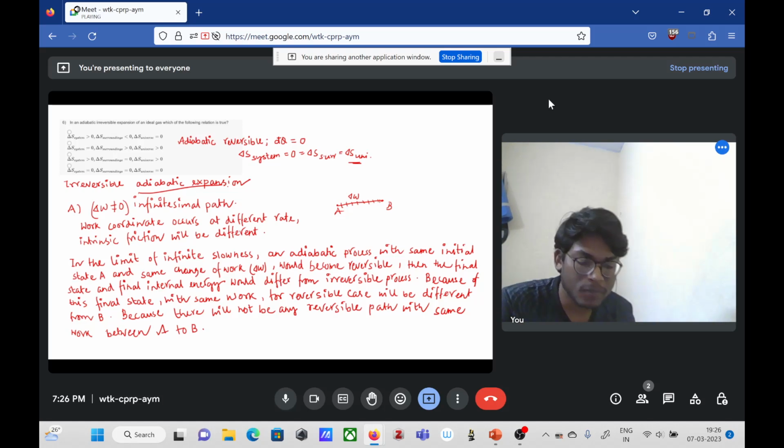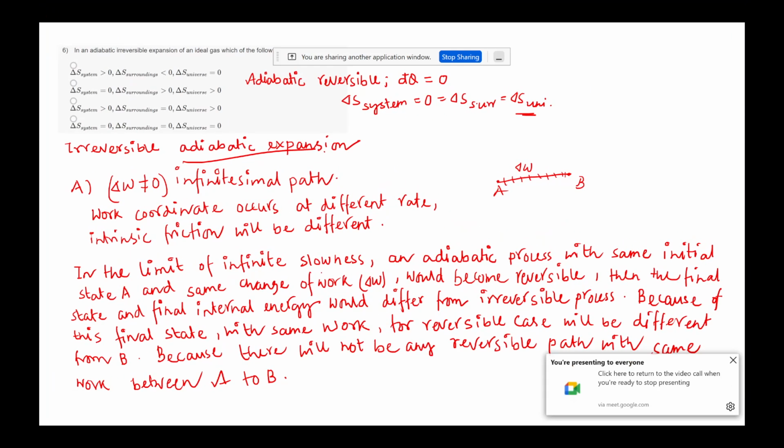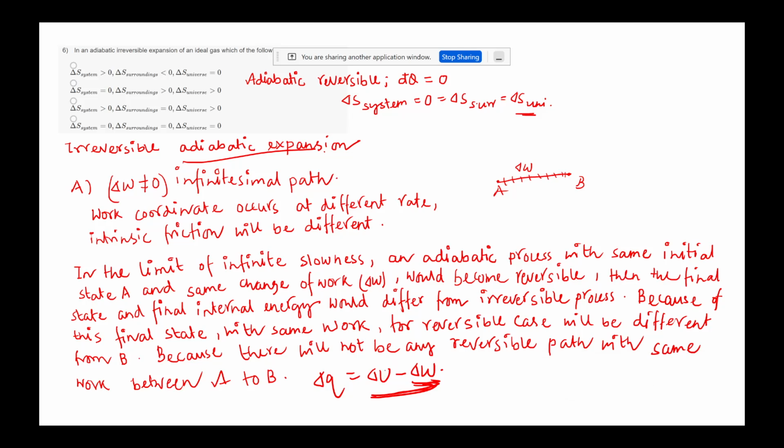Less delta W. So in that heuristic approach, you can also see from this that delta Q is delta U minus delta W. So in the reversible path, delta W we need more compared to the irreversible. So to reach the same path, for the reversible path, this difference will be more. Okay?